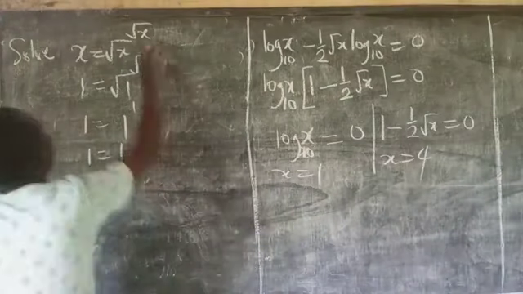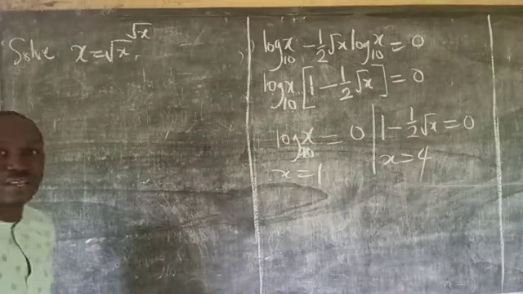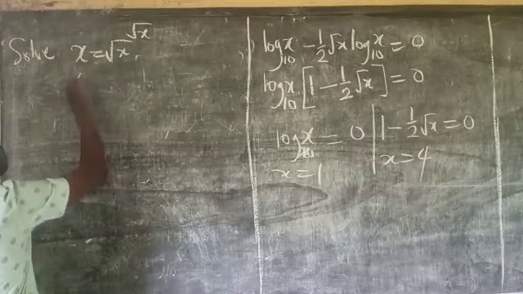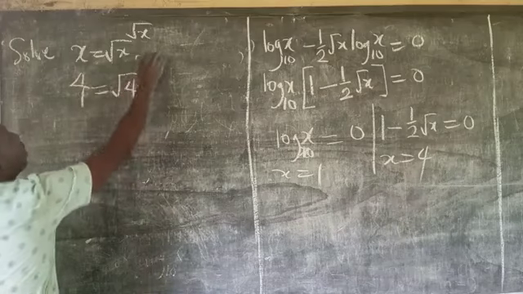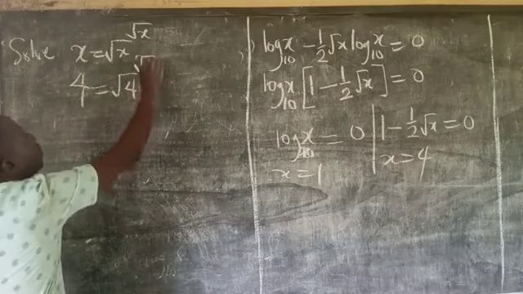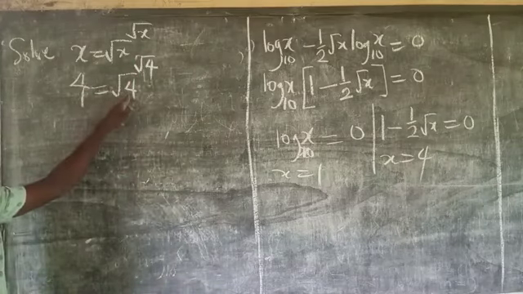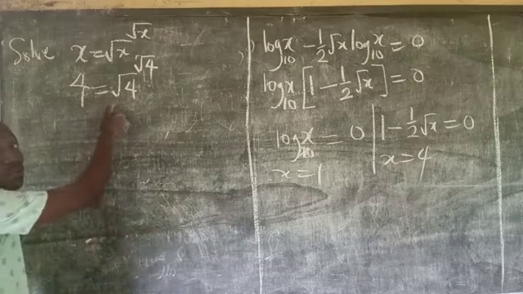And the second case, s is 4. Anywhere you have s, replace it with 4. So we're going to say 4 equals root 4, also raised to power root 4. That is to say, what is that number that will multiply itself to give us 4? Square root, multiply itself 2 times to give us 4.